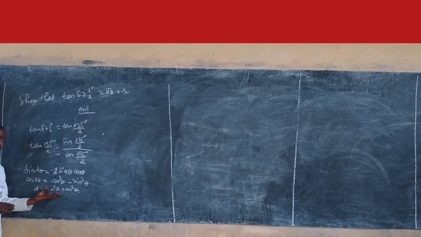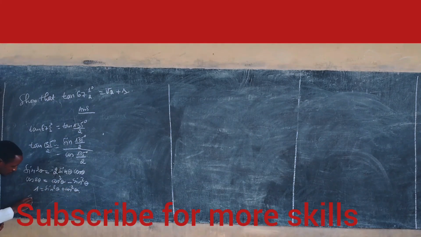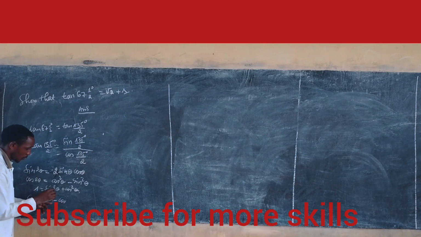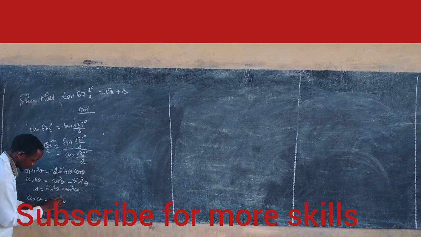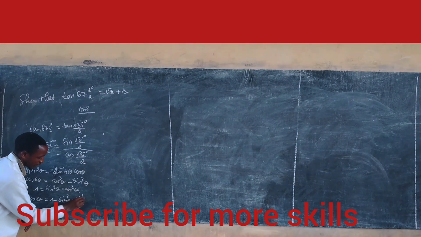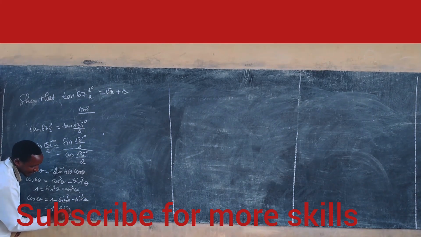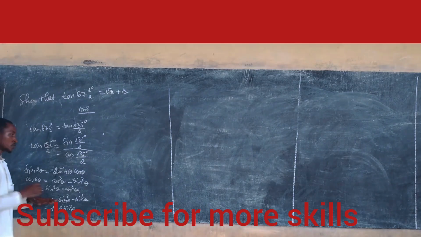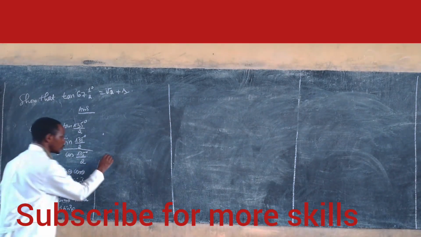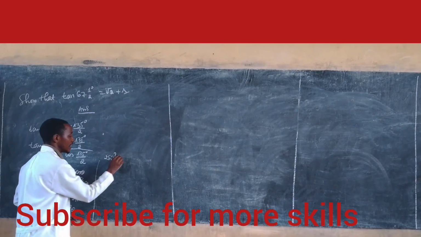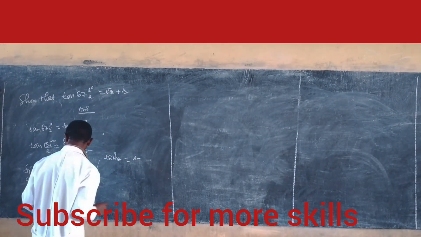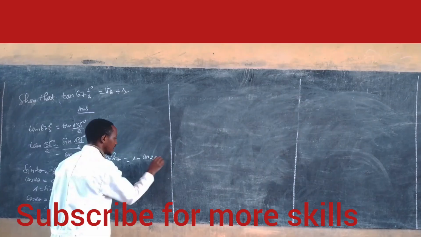When you replace this, you get cosine of 2 theta is equal to 1 minus sine square of theta minus sine square of theta, the same as 1 minus 2 sine square of theta. So 2 sine square of theta is equal to 1 minus cosine of 2 theta.